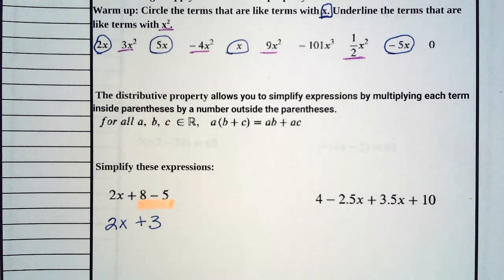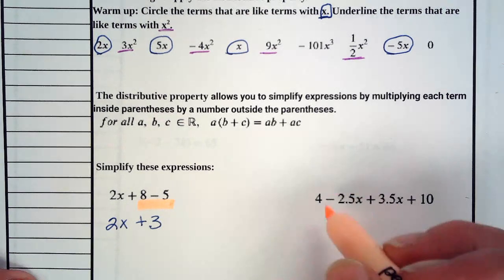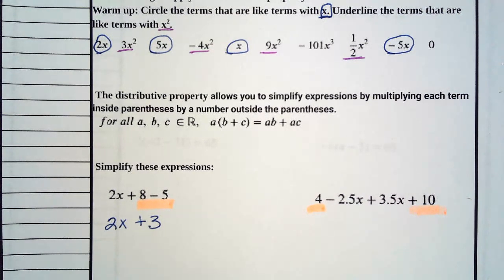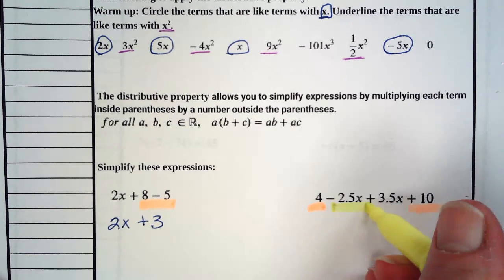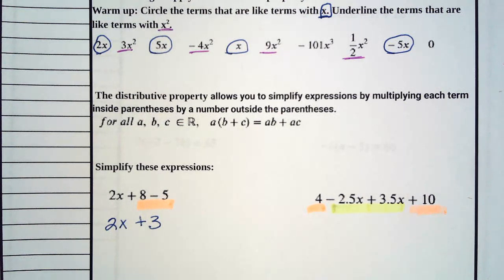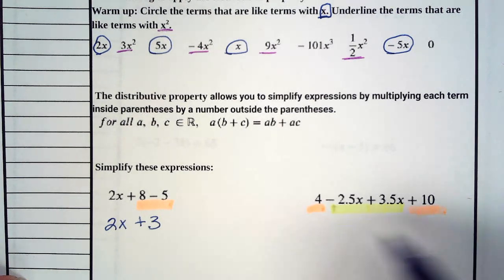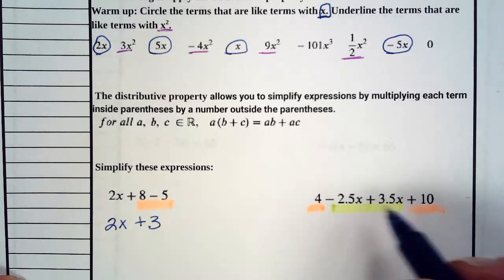For the next one, I have numbers, and then I have variables. I've got to combine both of those. Well, the 4 plus 10 is going to be easy.